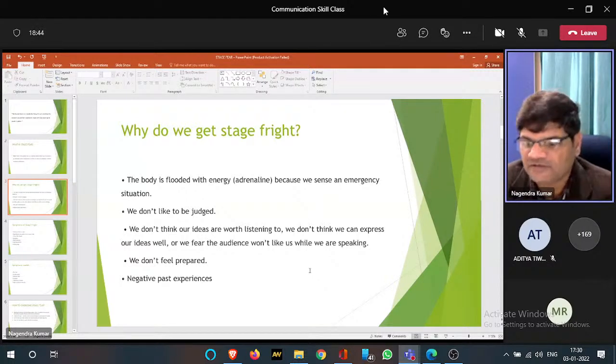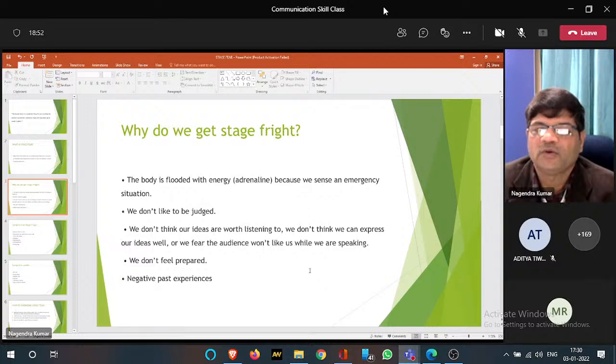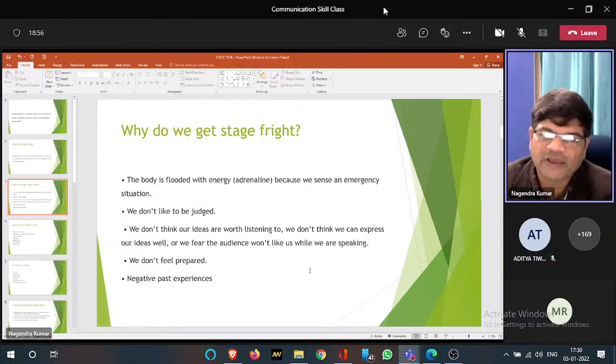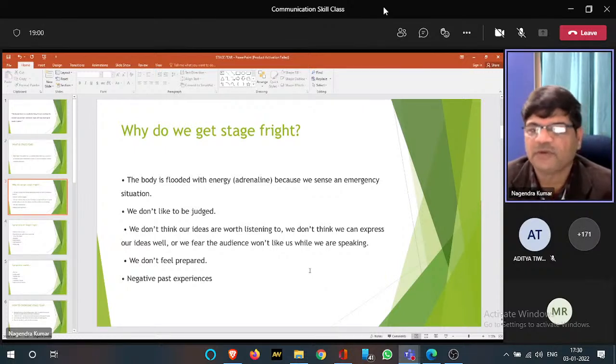And another reason for your stage fright may be your lack of preparation. If you are not prepared for the occasion, you will make inadvertent mistakes, and they will compound your misery. If you are well rehearsed, well prepared, probably you have less fright or less anxiety, because you know these steps.